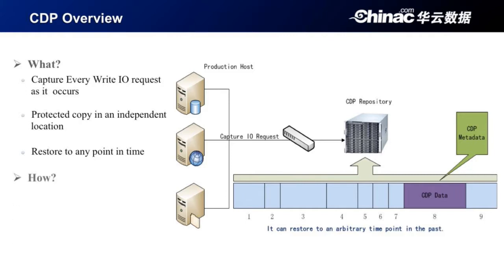Now, how do we use this technology? CDP can be applied based on a block device, a file, or an application. In OpenStack, we use it with a single volume, which means a block device. Okay, the following slides will talk about what we have done with CDP in OpenStack.